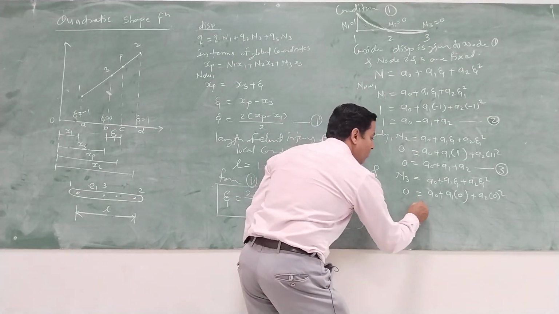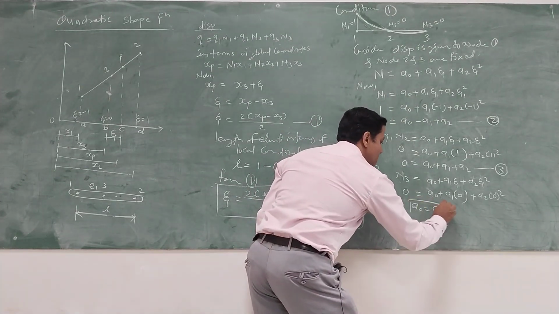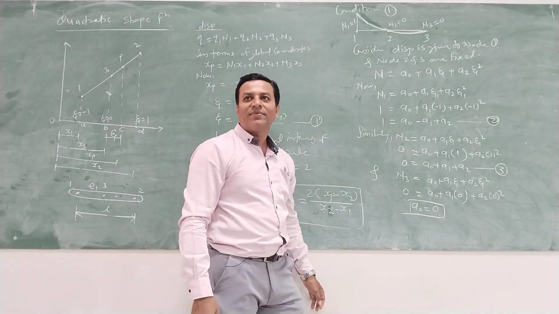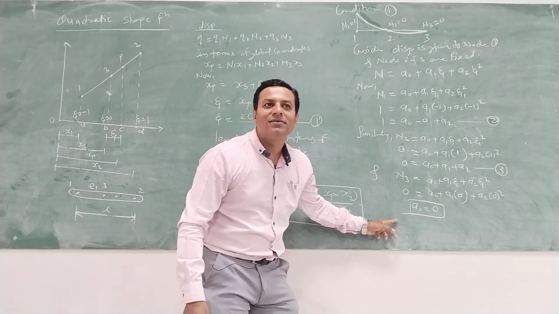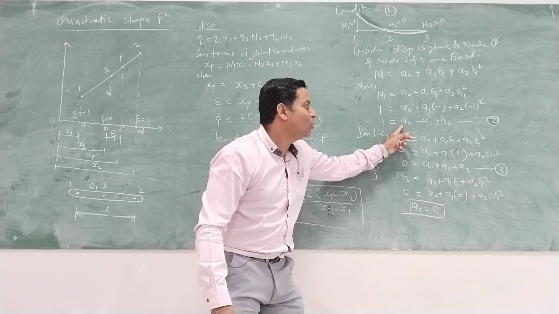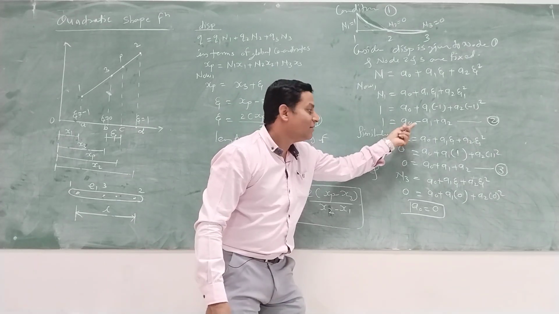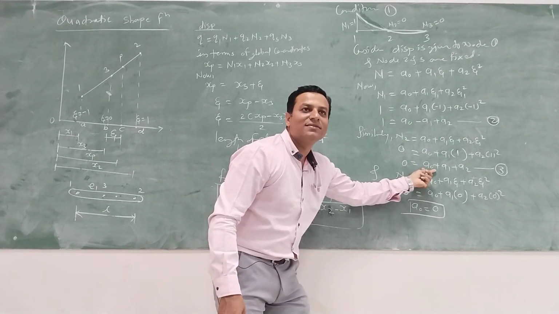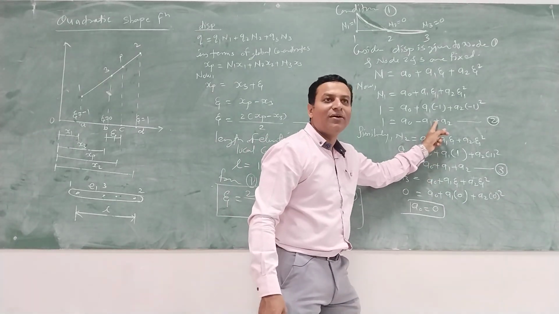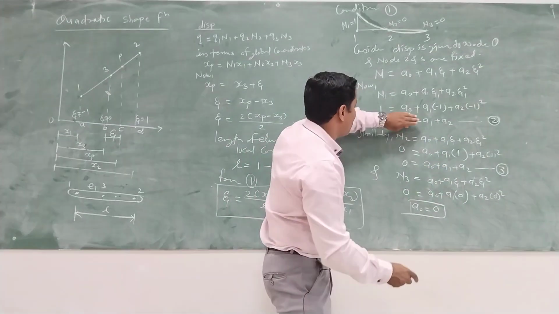So A0 equal to 0. A0 काय मिळाला. So in equation 2 A0 is, in equation 3 A0 is, म्हणजे आता दोन इक्वेशन आहेत 2 and 3, त्याच्यामध्ये A0 ला सोडून द्या आता.